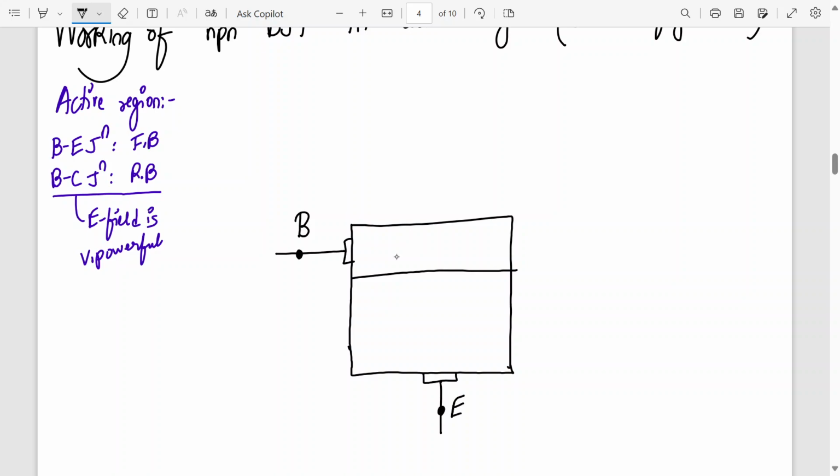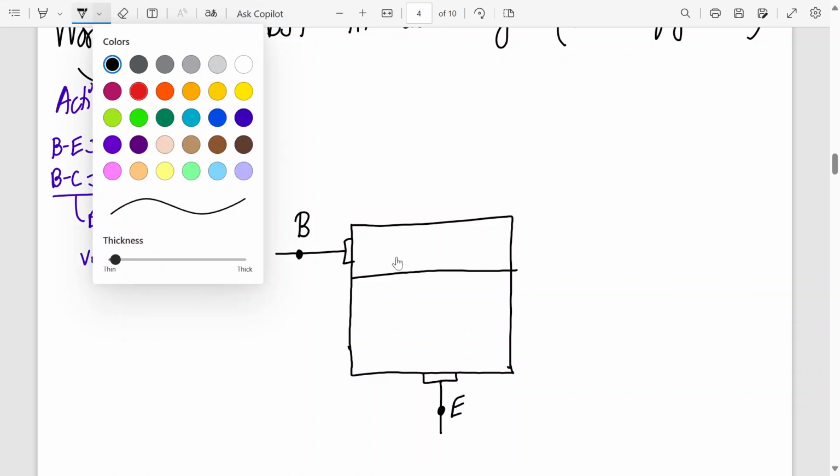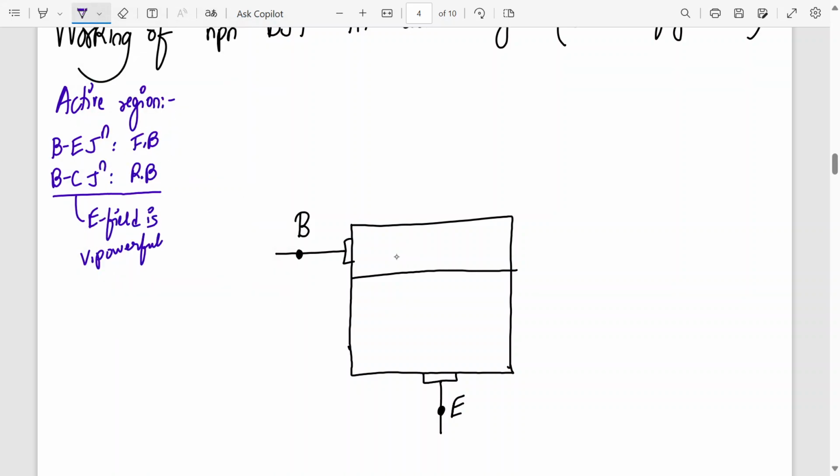What is the condition for it to be connected in forward bias mode? This is made up of N plus plus. This is P plus. I'm connecting positive over here, negative over here, so it will make it forward bias. I'm applying VBE, which will make the base emitter junction forward bias.